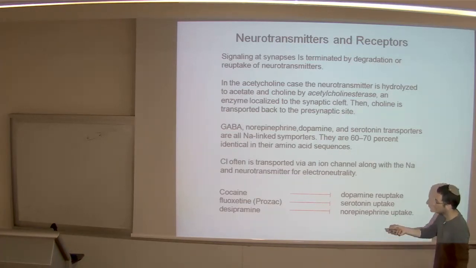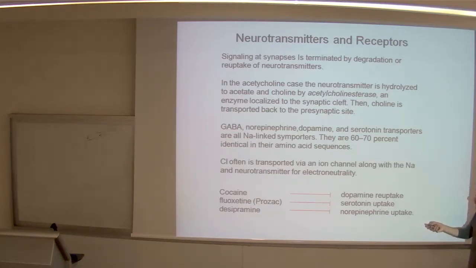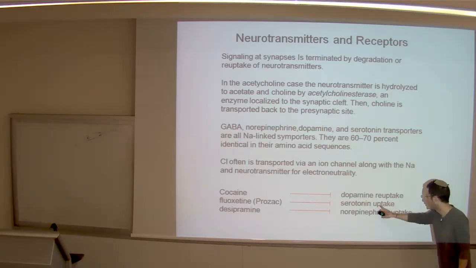For instance, the substance cocaine inhibits dopamine reuptake. It doesn't hydrolyze it; it just disrupts the dopamine reuptake. Fluoxetine, most familiar as Prozac, inhibits the reuptake of serotonin. And desipramine, another substance, you can look it up, inhibits reuptake of norepinephrine.